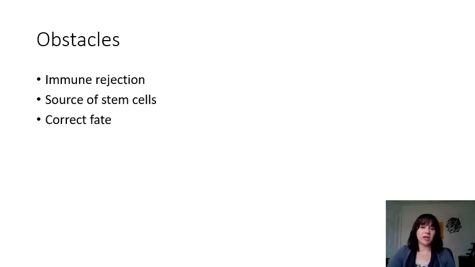Another obstacle is the source of the stem cells. Sometimes it can be hard to get those stem cells. In other cases, it may be ethically controversial. Bone marrow are adult stem cells. There's not too many people that argue that there's an ethical issue with that. However, with embryonic stem cells, there is a lot of controversy surrounding the use of those, because in order to get those pluripotent stem cells, you have to destroy an embryo.